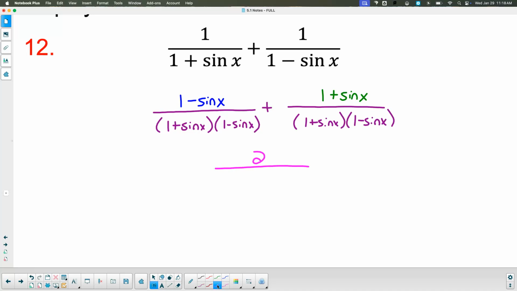Can I do anything with the bottom? No. But they're conjugates, right? One's plus, one's minus. So what can I do with conjugates? Can I cancel them? No, multiplication. So I could multiply them out, right? What do I get when I multiply the bottom? One minus sine squared.